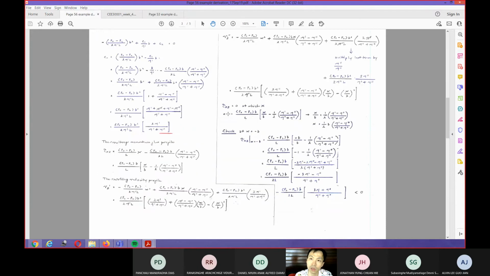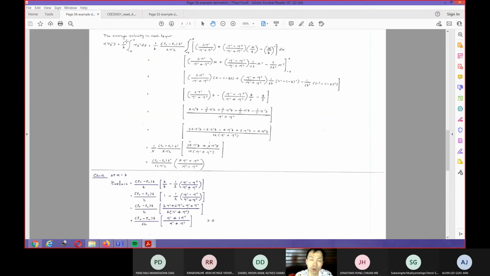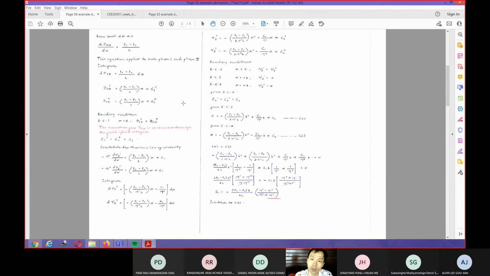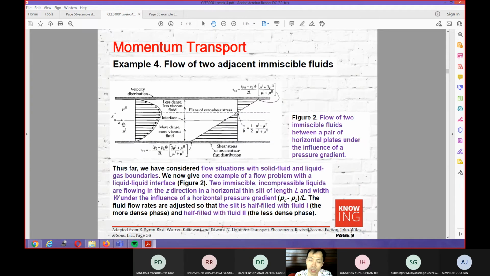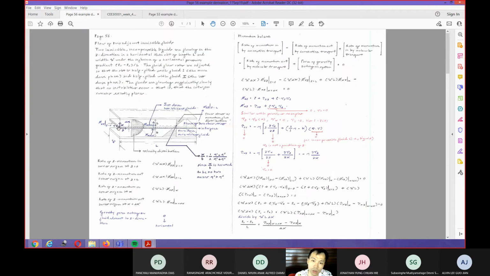So if you want, you can multiply with w on top, and then when you divide, you divide by w also multiplied by b. Because liquid phase 1 is the one in the bottom, so it's from 0 to minus b, right?